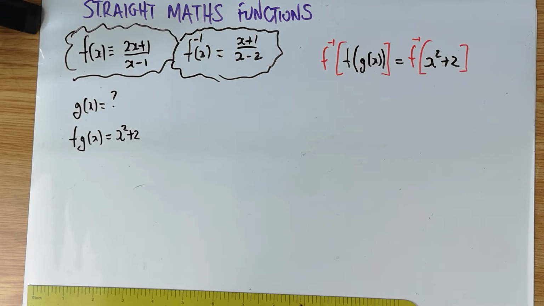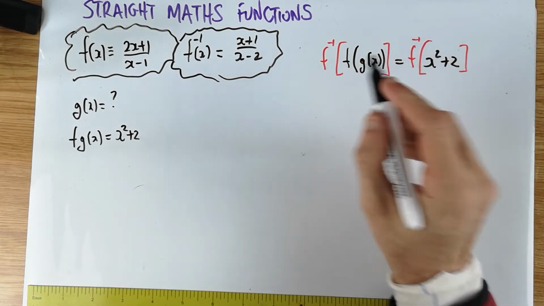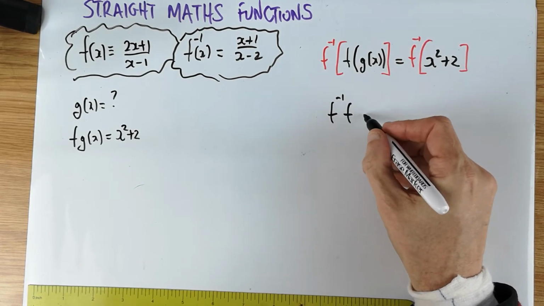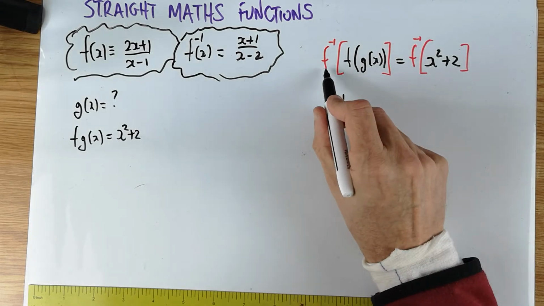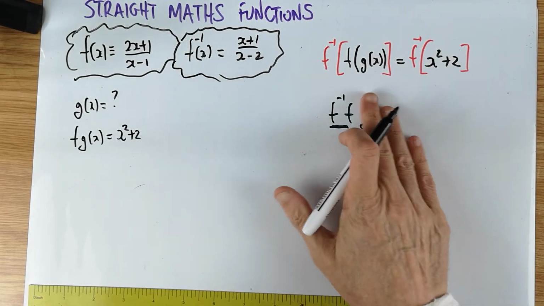Now, why is that? Is the next question to ask. Of course, you say, what possessed you to do this? Well, when you're looking at this combination of functions, f to the minus 1, f, g, I'm looking at this bit here. These are inverses of one another. They appear here, so they will annihilate each other, basically. They will cancel each other out.